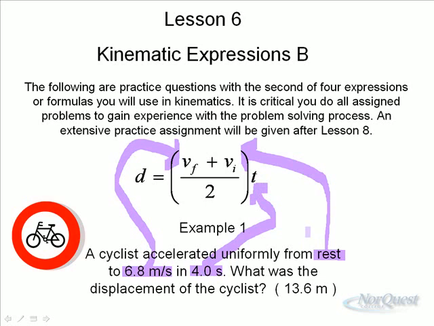And what you've got is the solution, because now all you do is substitute. Sometimes I call it cookbook physics. In a way, it's simple because all you need is the right ingredients, and the ingredients in this case are the rest is equal to vi, and the 6.8 is equal to vf, and the 4 is equal to t.